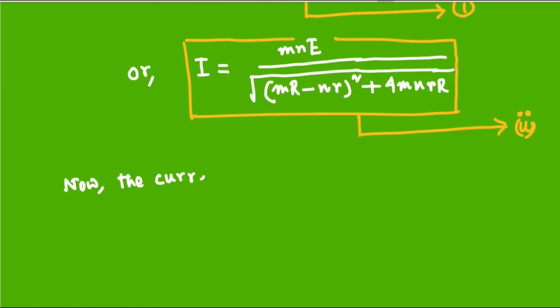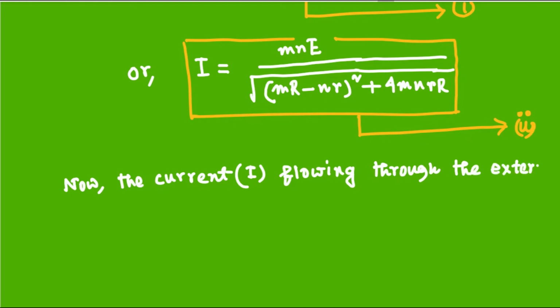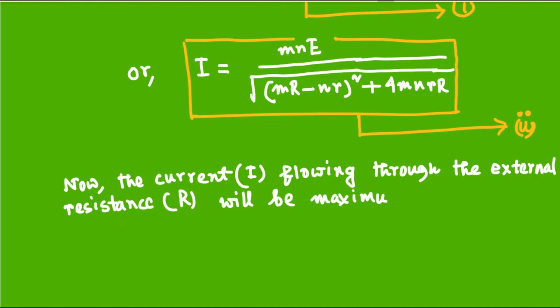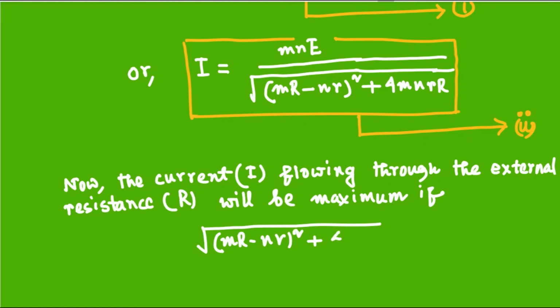Now this current I flowing through the external resistance capital R will be maximum if the denominator of the current I becomes minimum, that is, root over (mr minus nR) whole square plus 4 mnrR is minimum.